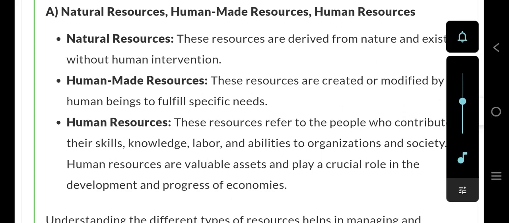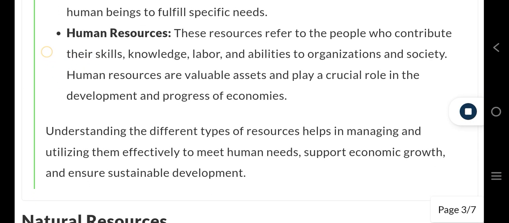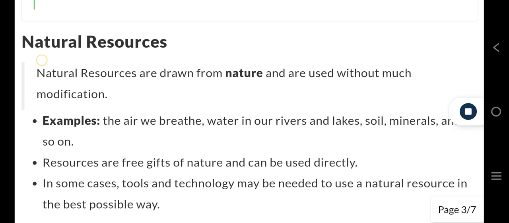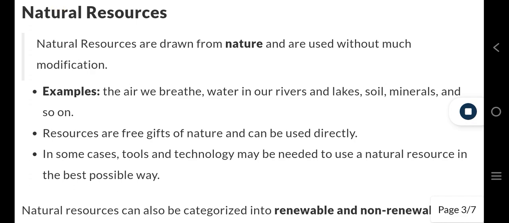Human resources are valuable assets and play a crucial role in the development and progress of economies. Understanding the different types of resources helps in managing and utilizing them effectively to meet human needs, support economic growth, and ensure sustainable development.